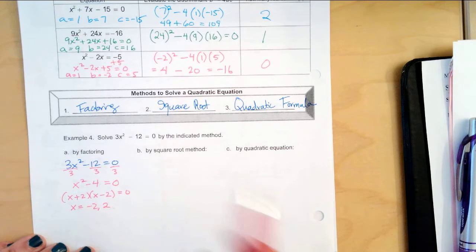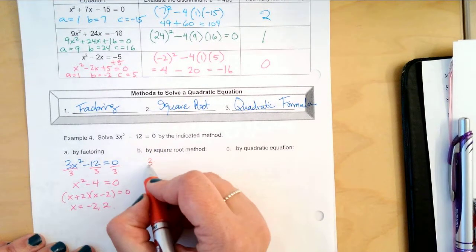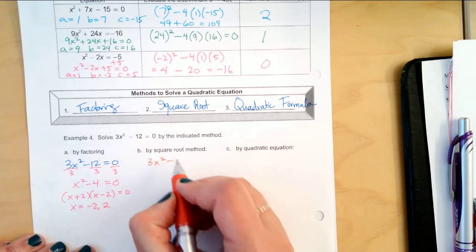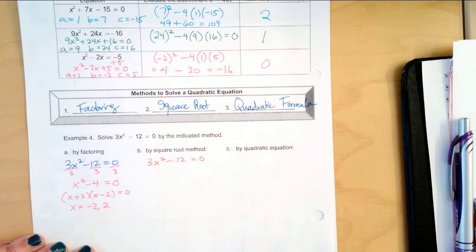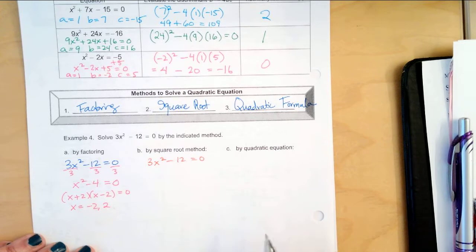Now, this one, you can use the square root method because it's missing something. Why are we able to use the square root method here? Because we can isolate x squared. We don't have what's called a linear term. We don't have an x to the first power anywhere. So how could we isolate x squared?